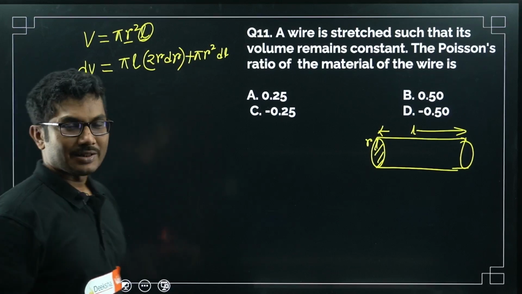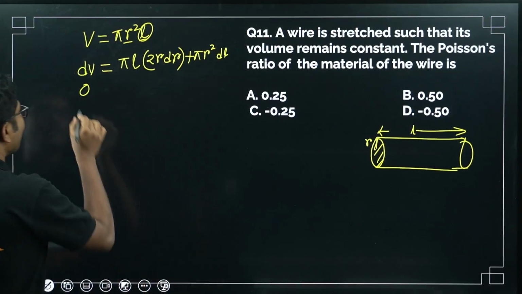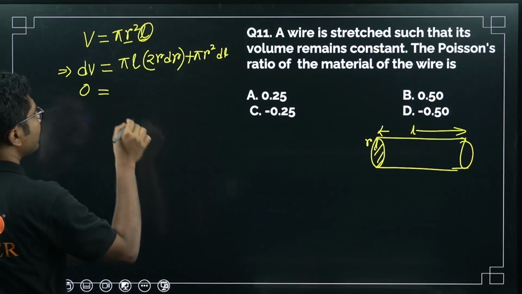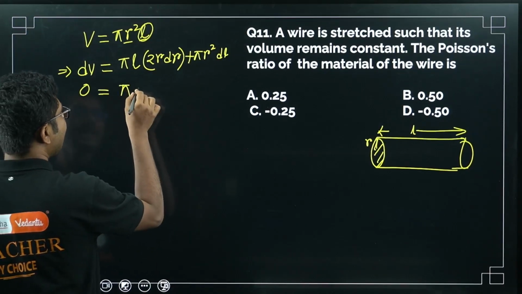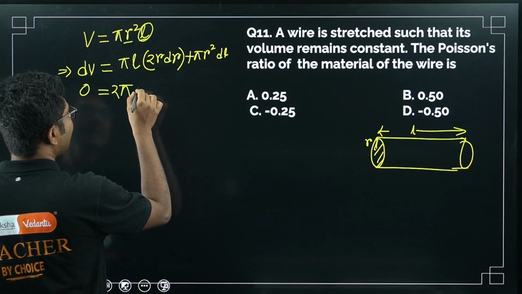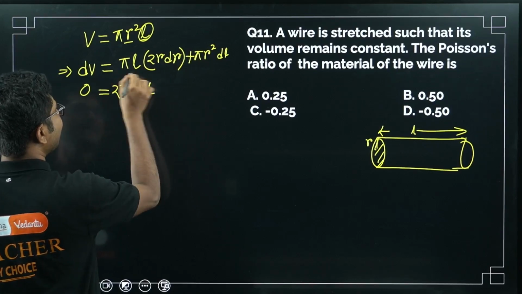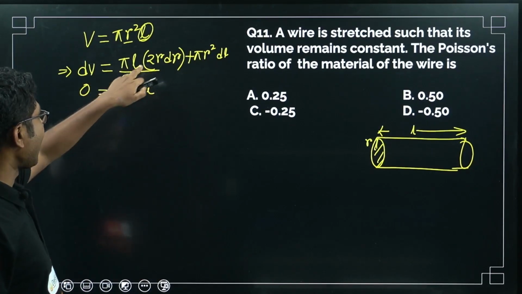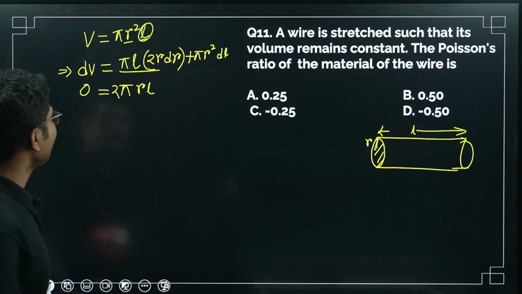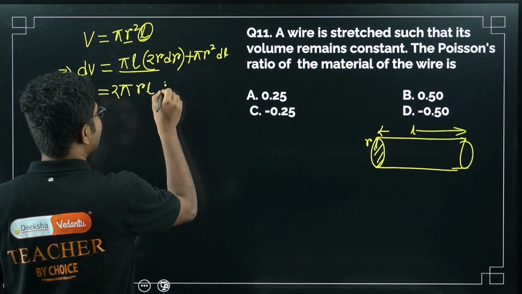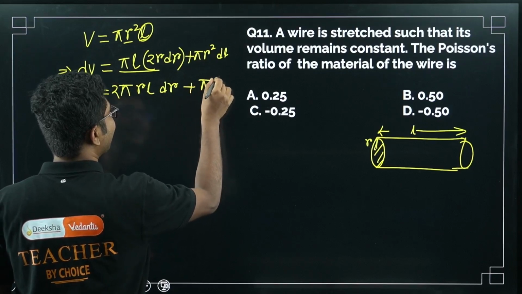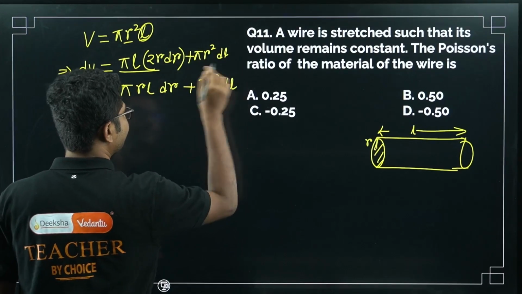On our left hand side we get 0. Change in the volume is 0, so dV will be 0. So 0 equals 2 pi R L dr plus pi R square dl.